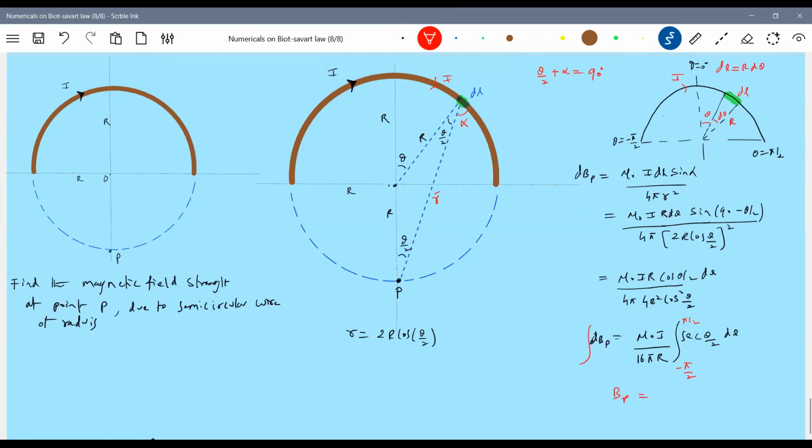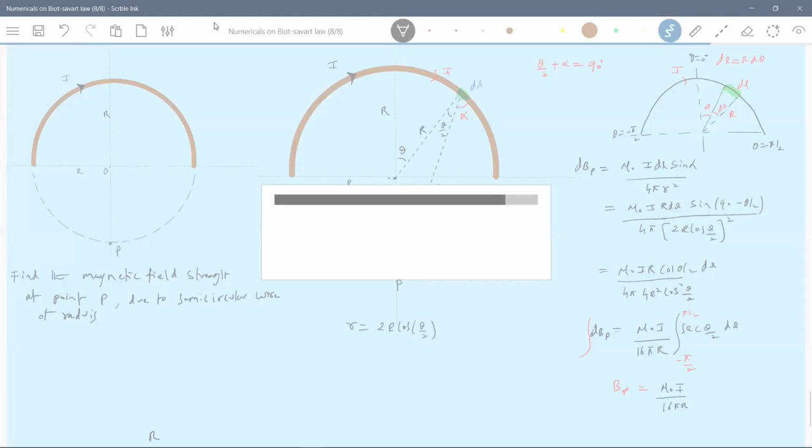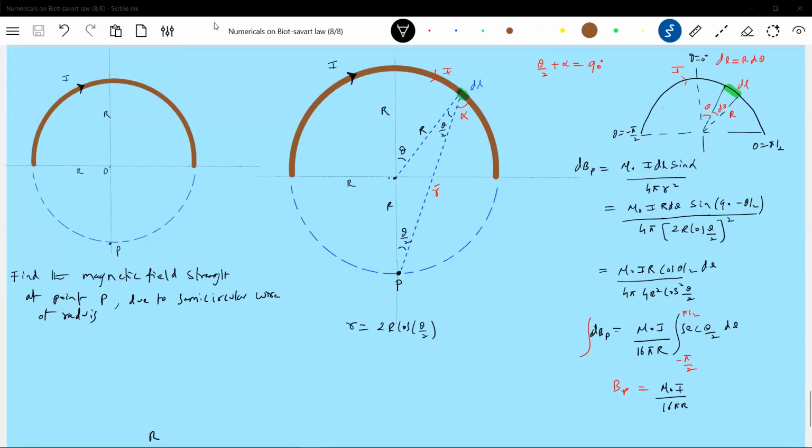Anybody, the value for the simplification of this? I have the final answer. Integral of secant theta d theta. Just simplify and give me the final answer.